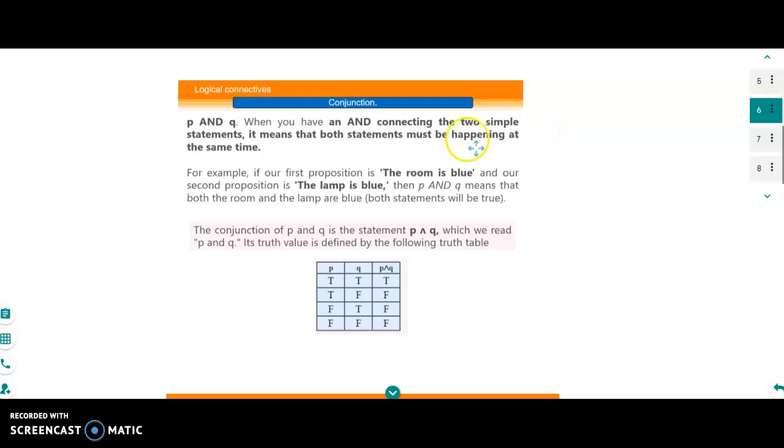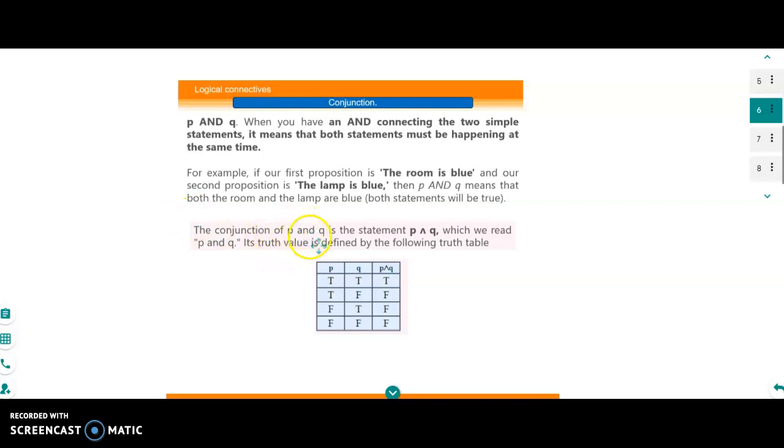For example, if our first proposition is the room is blue and our second proposition is the lamp is blue, then P and Q means that both the room and the lamp are blue. Both statements will be true or will be false.